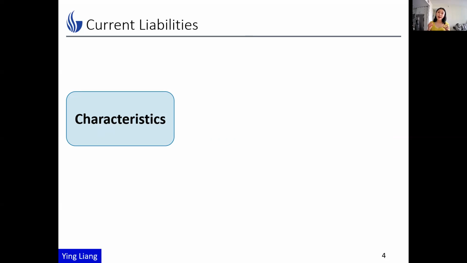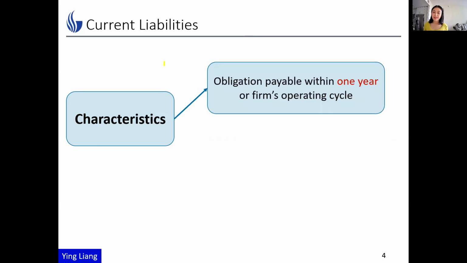In a classified balance sheet, we categorize liabilities as either current liabilities or long-term liabilities. We often categorize current liabilities as obligations payable within 1 year from the balance sheet date, or within the firm's operating cycle, whichever is longer. Now, this is a general definition and it usually applies.